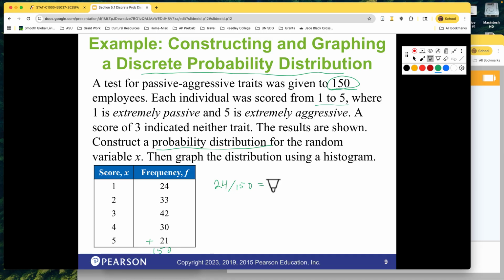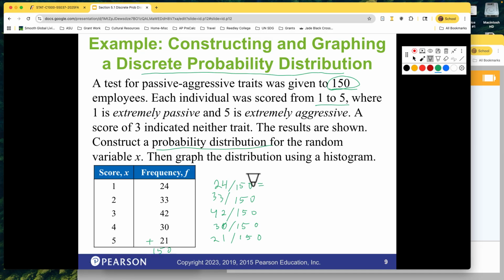I won't do it with each because the next table is going to give us all the answers, but I would just go through and divide each of these by 150, which is the total. And I don't think you're going to do this much, because most of it is already going to be set up for us.